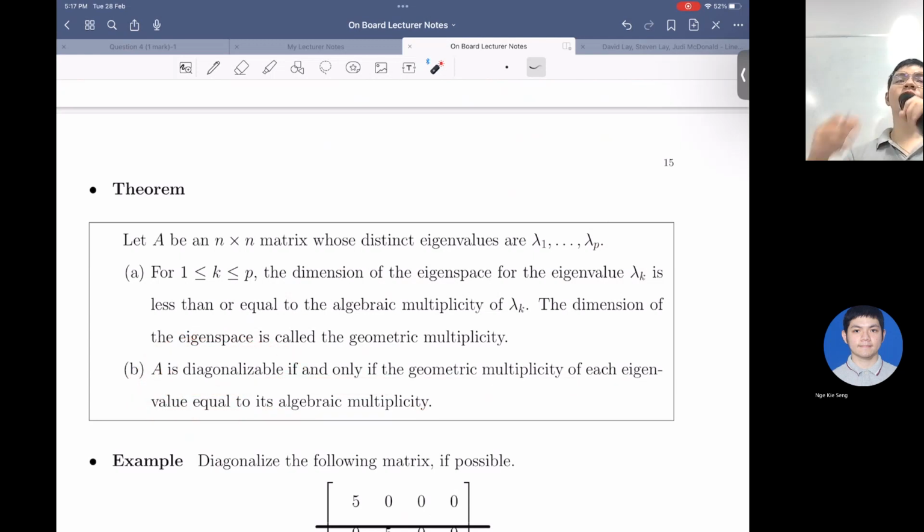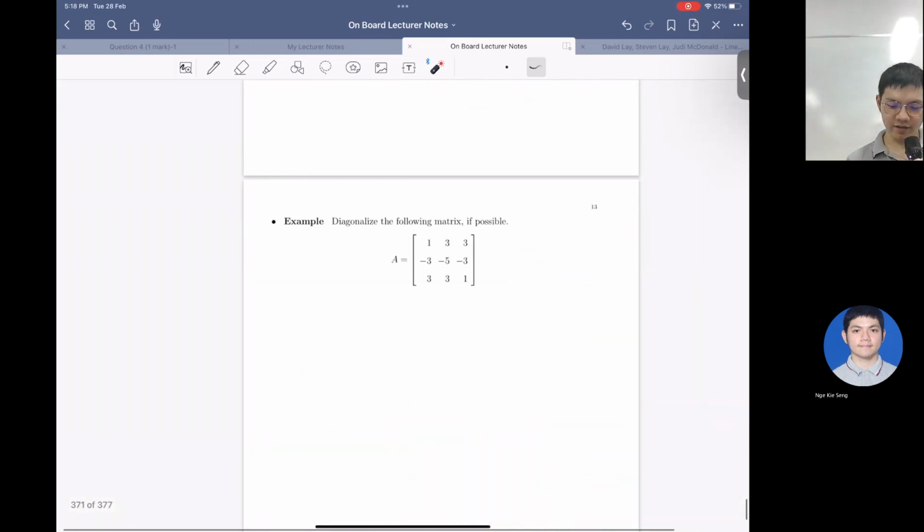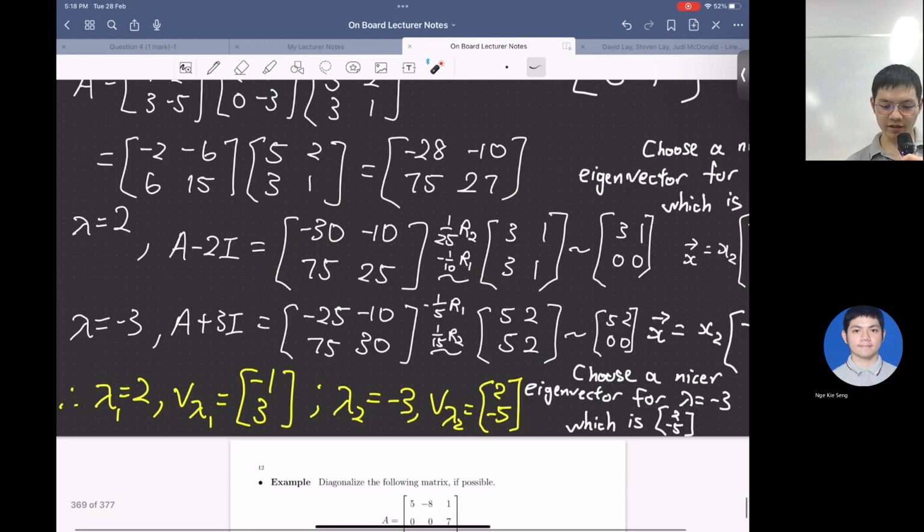So you must achieve the algebraic multiplicity geometrically to be diagonalizable. Otherwise, you don't have enough vectors to form P. Make sense?